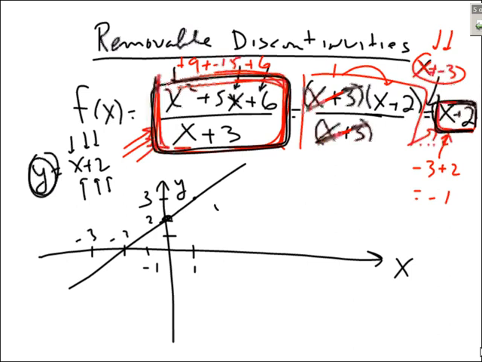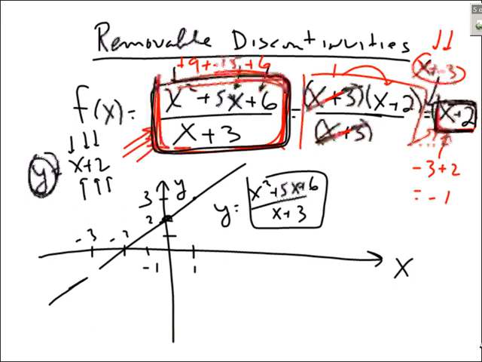Now, if I don't want x plus 2, but rather I want this graph, I just have to do one thing. I have to remove negative 3. Because when x is negative 3, I don't get an intelligent answer.